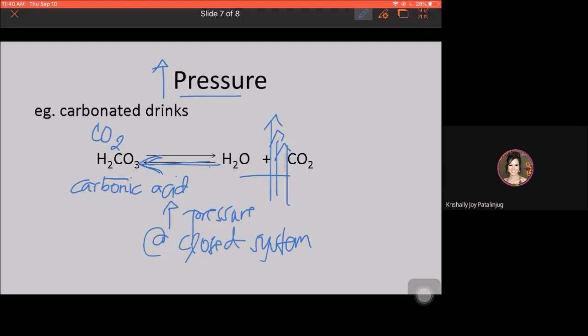Pero hindi na siya katulad ng dati. Pero, at some point, magkakaroon ng backward direction yan para ma-restore niya yung chemical equilibrium state. Okay? So, yan yung sa pressure.